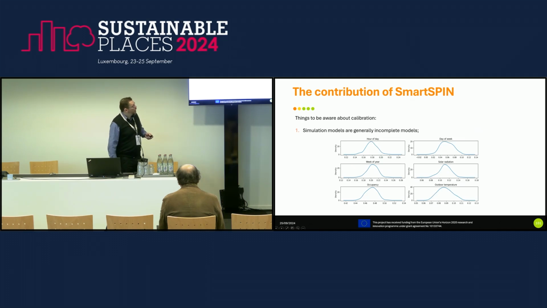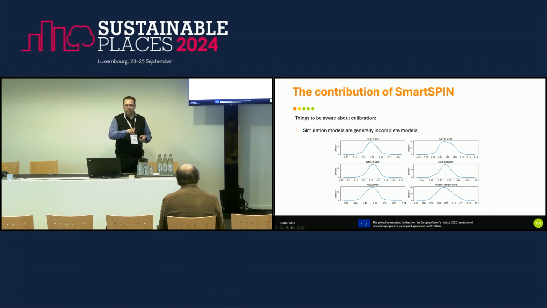Okay, so two things about calibrating that we found out. The first thing is simulation models are incomplete models. What that means is they are nice, but they cannot utilize the whole information. That means you cannot trust the values of the parameters out of the box. It's like you're doing linear regression and you deliberately say, I will not use that feature.